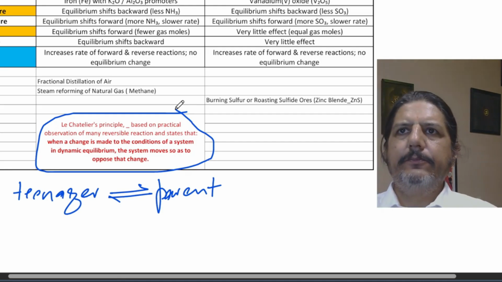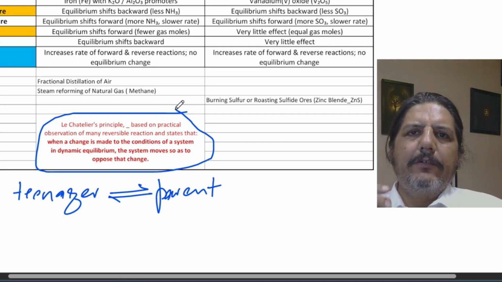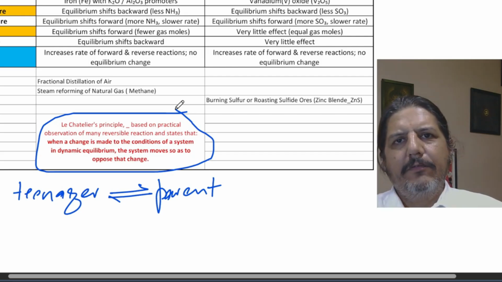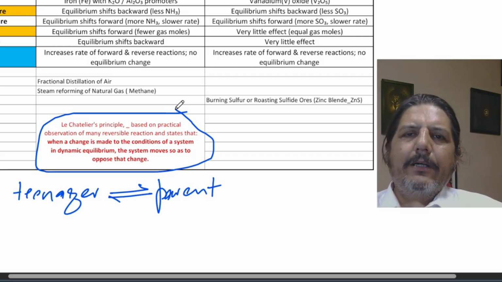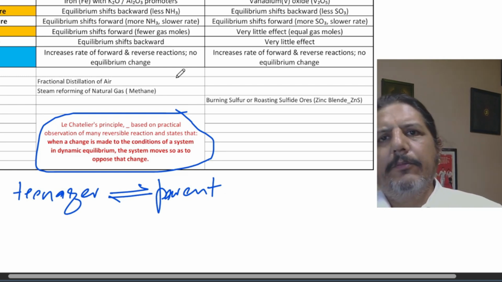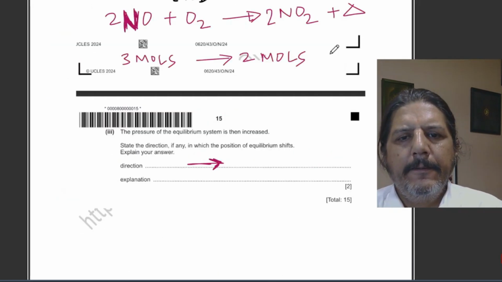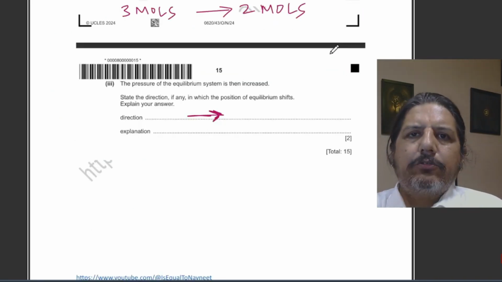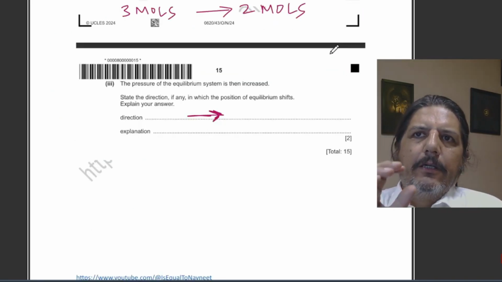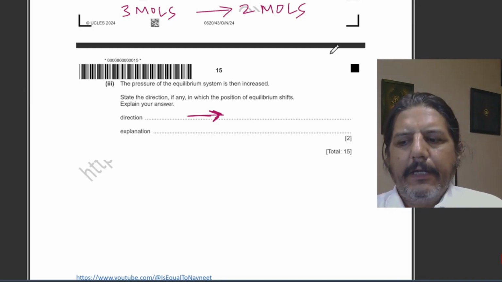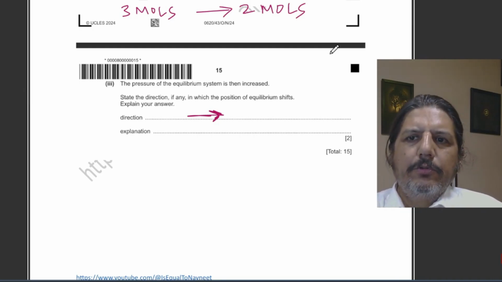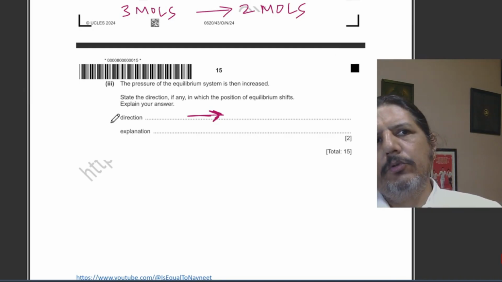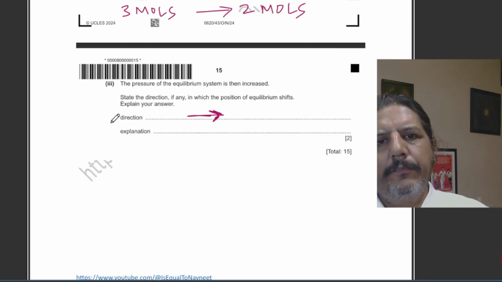If the parent says play, the teenager will start studying. And if the parent says you have to study, the teenager will start playing. A rough example to understand how Le Chatelier's principle is put in action. Try to get as thorough as possible with this concept, and the more questions and previous year question papers you do, the more you'll understand.